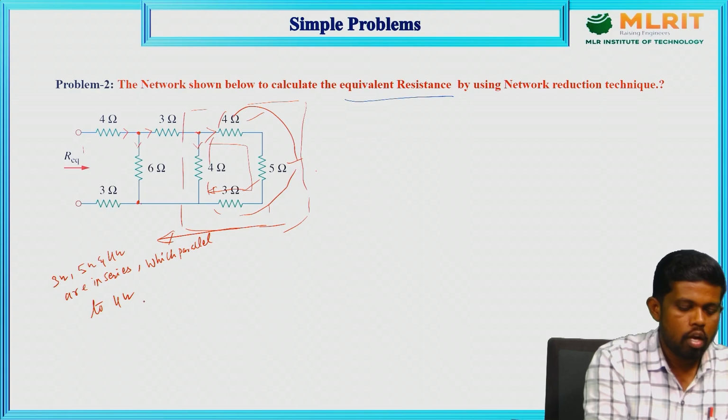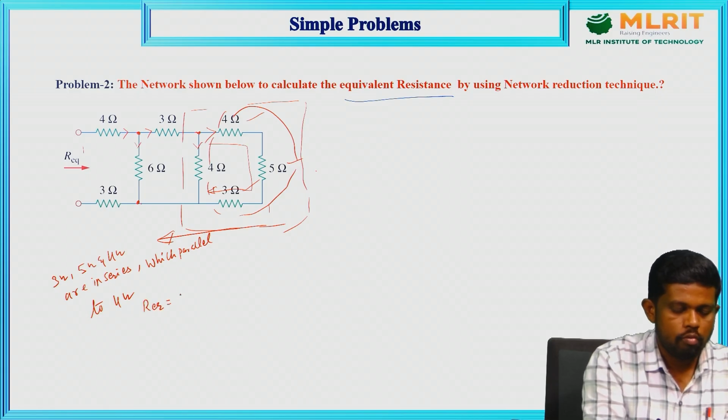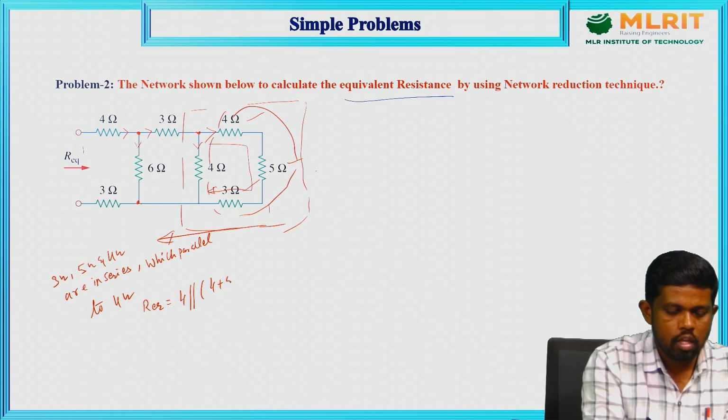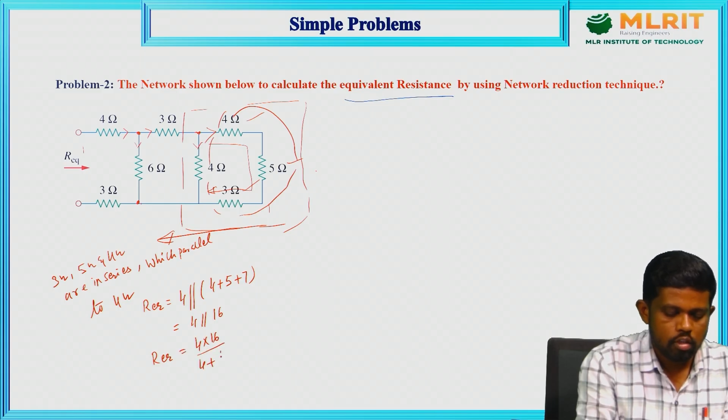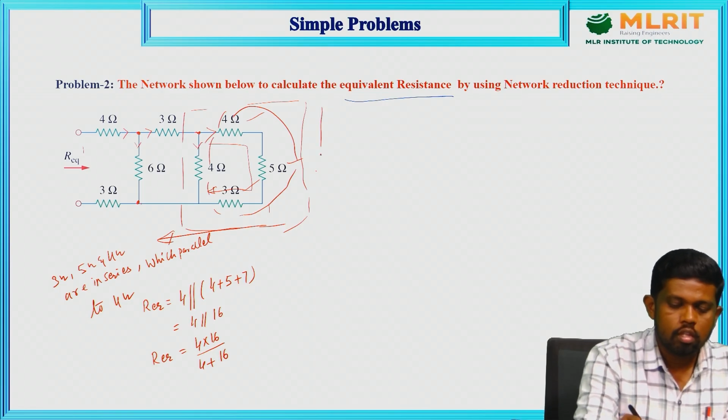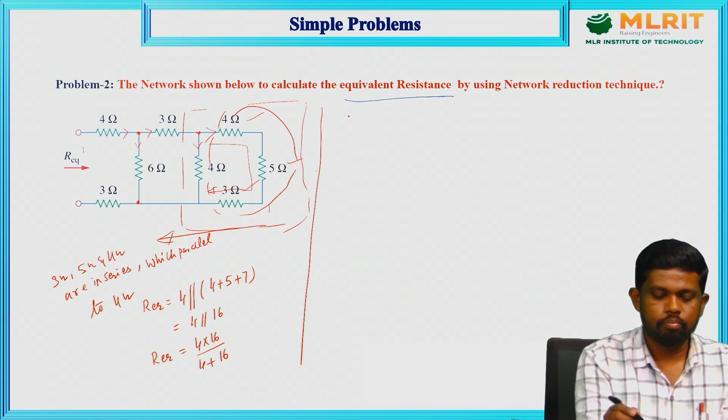So the R equivalent of the above combination we can write as 4 parallel to 4 plus 5 plus 7. So here we got 4 parallel to 16. So R equivalent of this combination is 4 into 16 upon 4 plus 16.